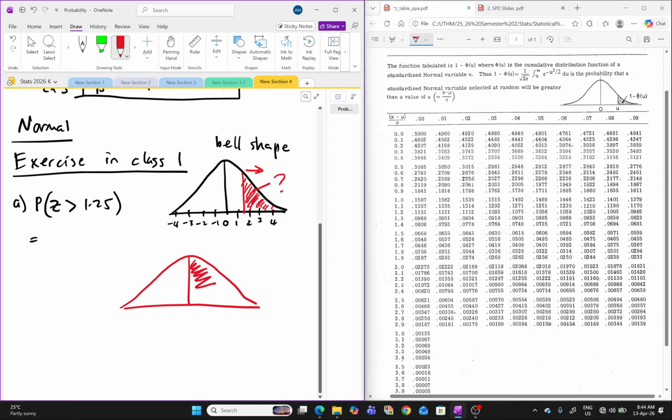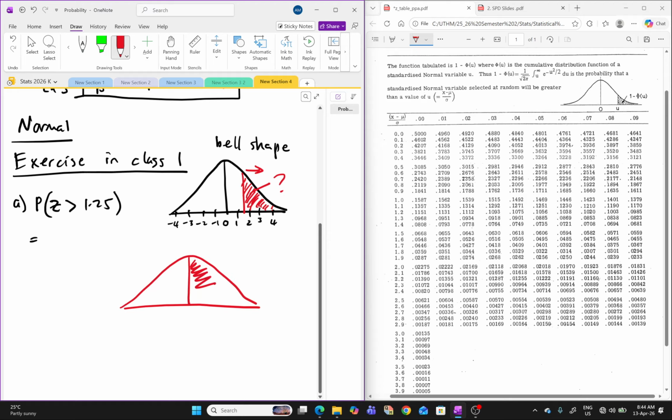Okay, now for this question, 1.25 somewhere here. 1.25 on the right hand side. Just remember that this is right hand side, this is left hand side. The arrow shows on the right hand side.